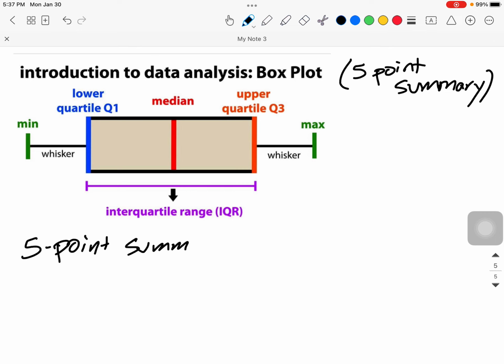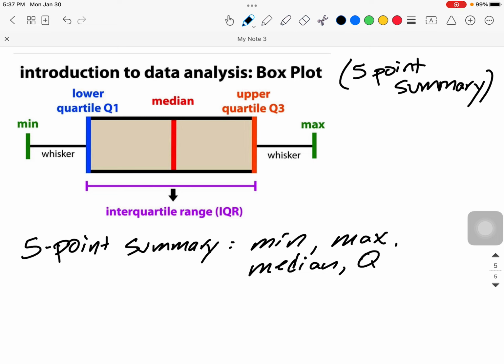consists of 5 key elements: the minimum, the maximum, the median, which sometimes you'll hear me call the middle, and then these new things that we don't have too much experience with yet, called quartiles, specifically the first quartile and the third quartile.